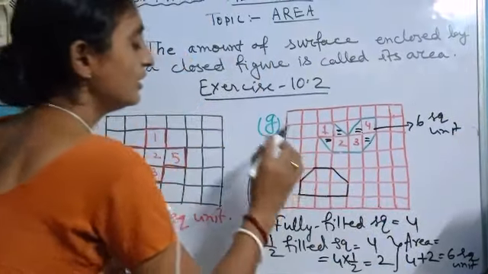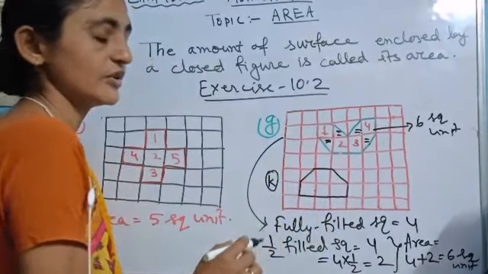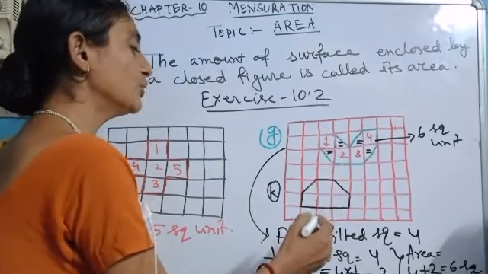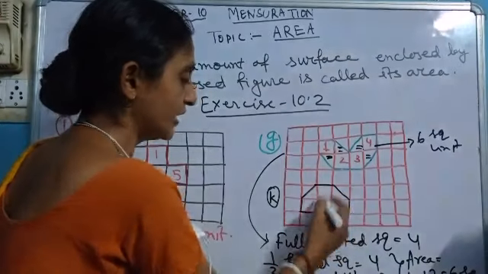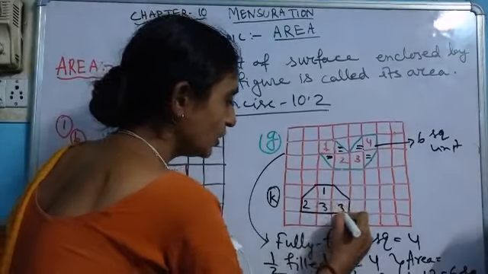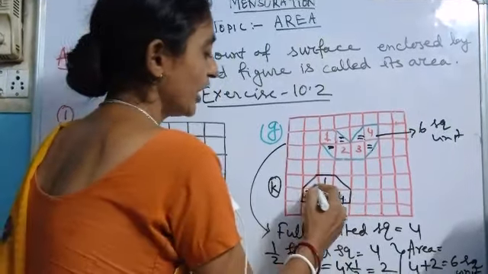Let's come to the last one, part K. You might have noticed this kind of shape has been given. How can you find the area of this one? Again we will do the same thing. First we count all the fully filled squares. How many? 1, 2, 3, 4. After that we have 2 halves.